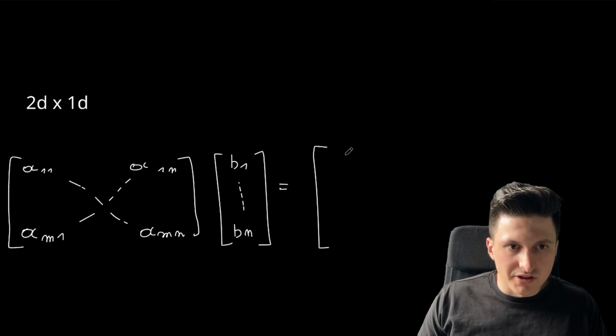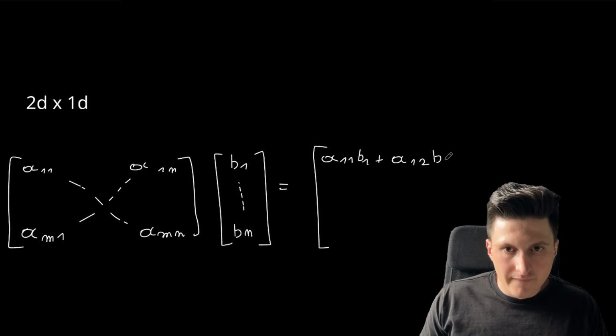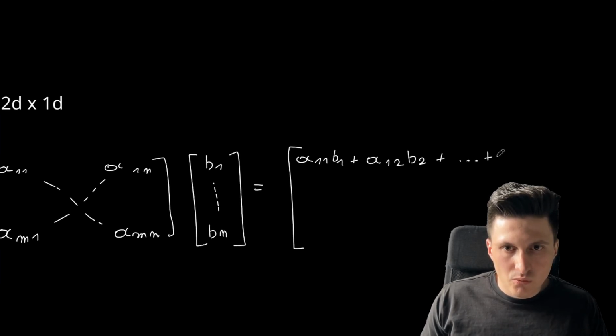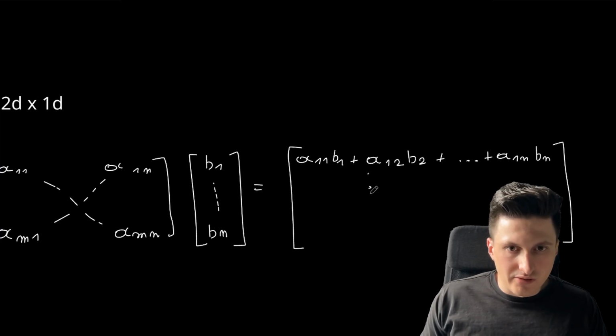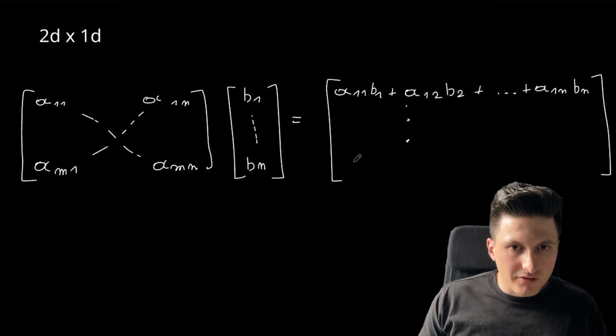and on each position, for example, the first position, it's the first row times this tensor, a11 times b1, plus all kinds of additions. Maybe let's write one more out, a12 times b2 until eventually we reach a1n times bn, and this is the same for each element of this output tensor.